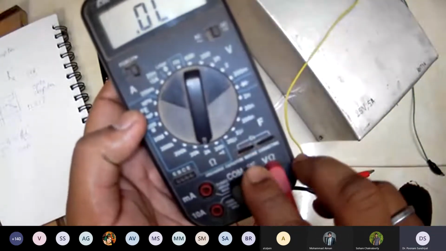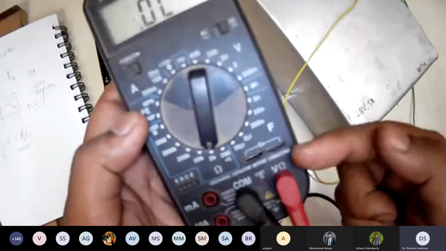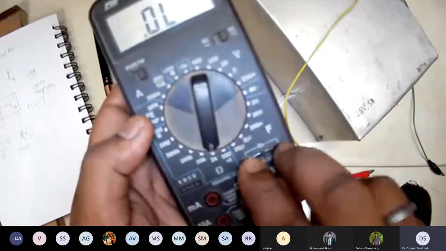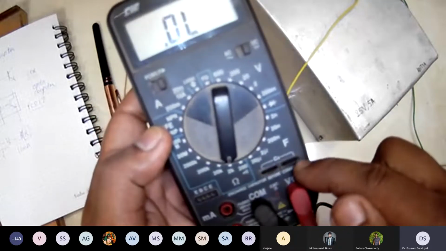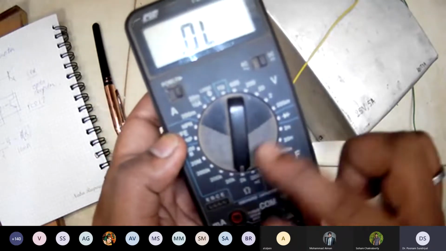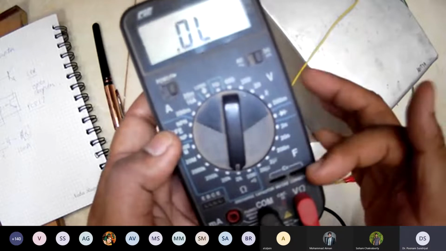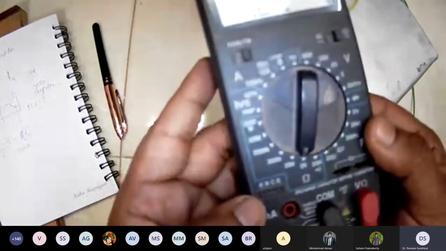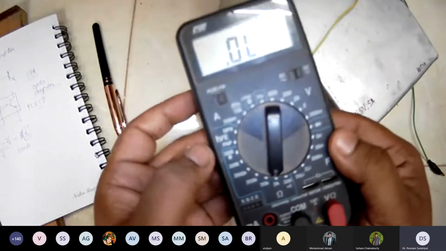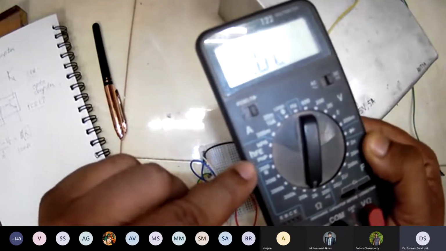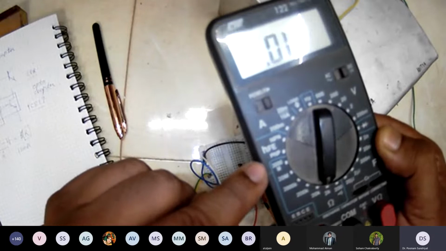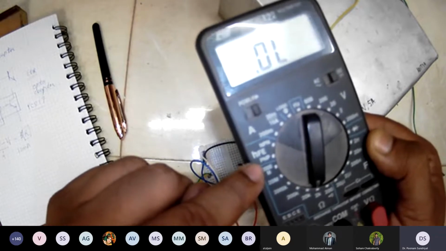It has a way of measuring capacitance. If you put the capacitor limbs across these two slots and put the multimeter into capacitance, you will be able to get the capacitance, and you will also be able to fetch the HFE, meaning the gain of a BJT, a transistor.